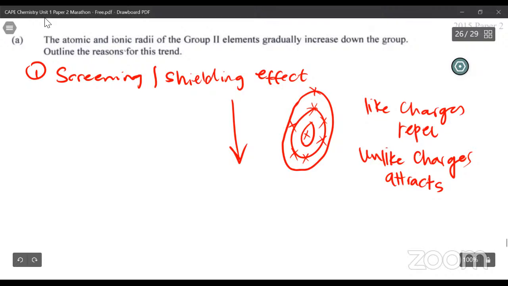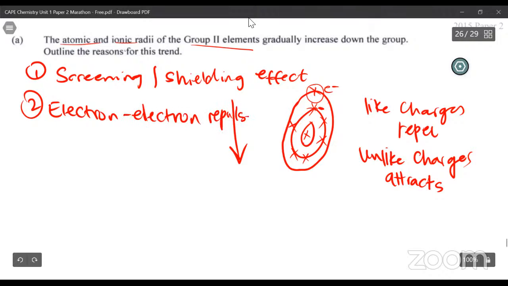Electrons are negatively charged, so the negatively charged electrons will repel the valence electrons, which are also negatively charged. This causes the valence shell to spread a bit bigger. That's another reason why the size of the atoms or ions of group 2 elements gradually increases down the group. So you can say electron repulsion, I guess.